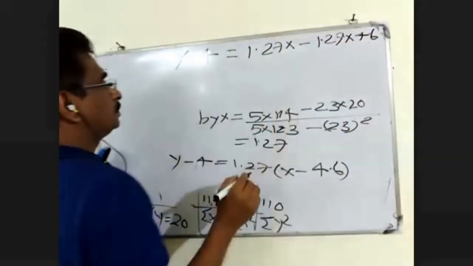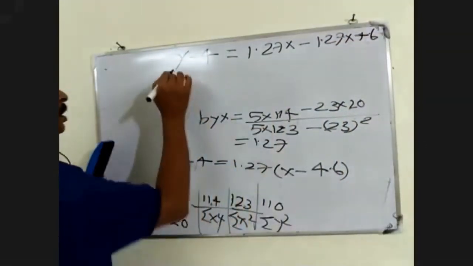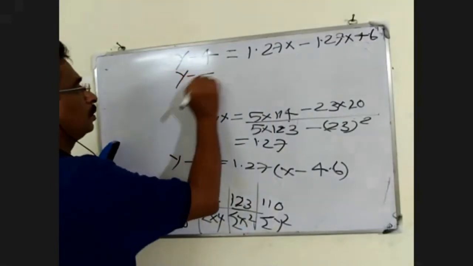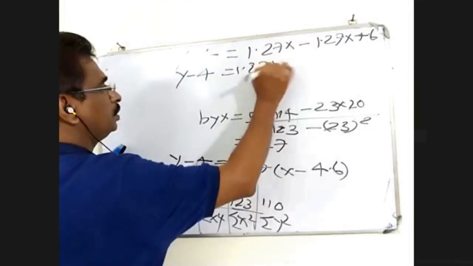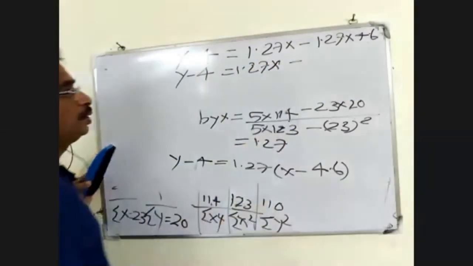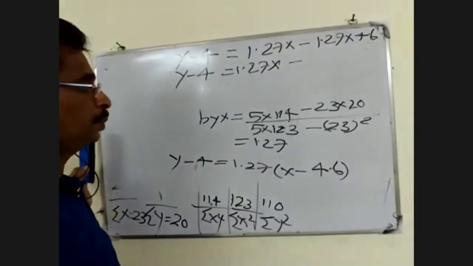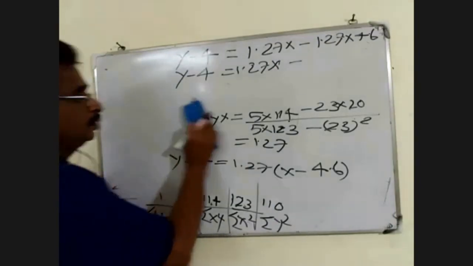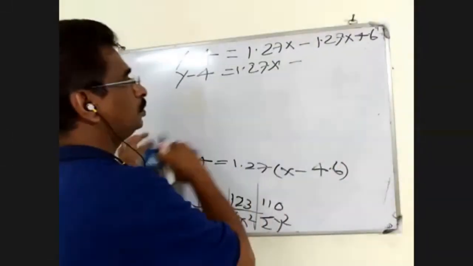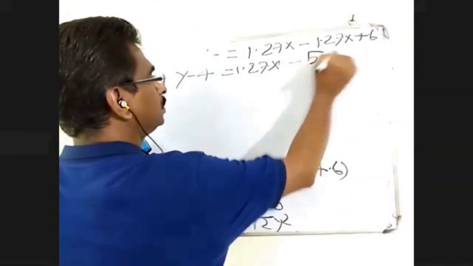Find out that. Y minus 4 is equal to 1.27 into x. What is 1.27 into 4.6? 5.84, about 5.8.